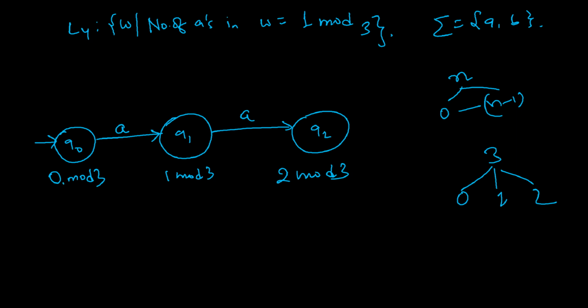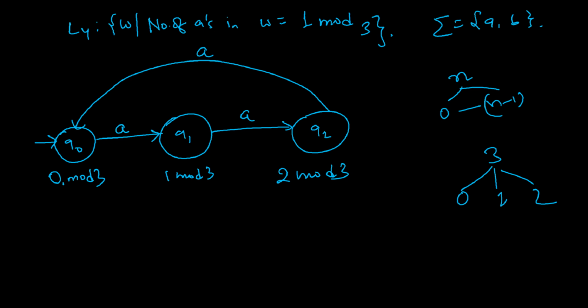Q0 represents remainder 0, Q1 represents remainder 1, and Q2 represents remainder 2. Now when you are at Q2 and you see another A, you go to Q0, because now the number of A's becomes 3.